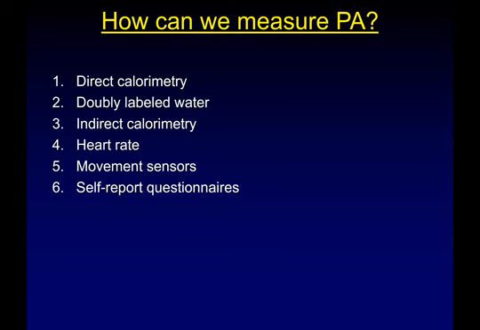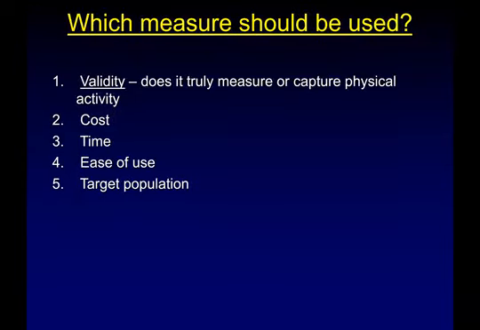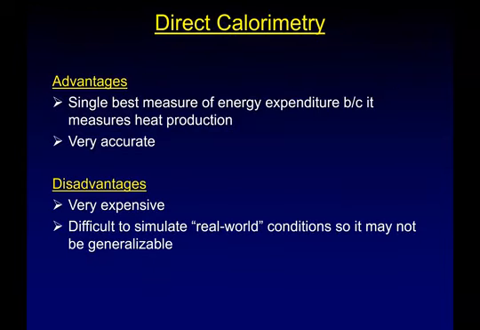Okay. But so the best way to quantify physical activity means that I need to have you do something and I need to be able to measure how much energy you're expending directly. Okay. So the single most accurate way to do that is something that is called direct calorimetry.